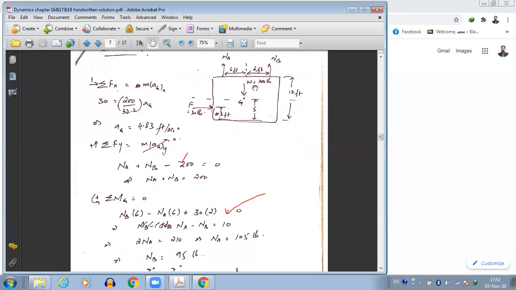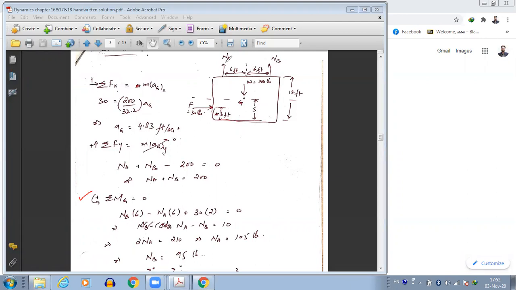So now we need to take the summation of moments. This time I'm taking the summation of moments at G. Since we know that the door is in rectilinear motion, the summation of moments at G will be 0. Again, you need to specify one direction as positive, so let's say the counterclockwise direction is positive.